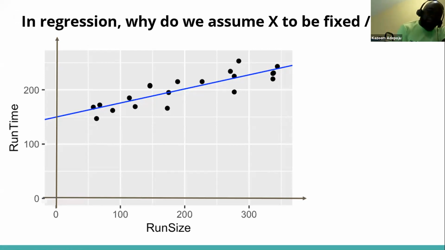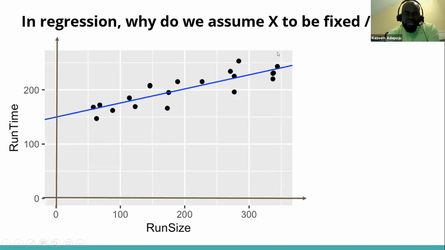And you remember last time I also told you that the assumption in a simple linear regression centered on the fact that there is an assumed straight line relationship between y and x. Y is the response, x is a predictor, and I told you that x is assumed to be fixed.